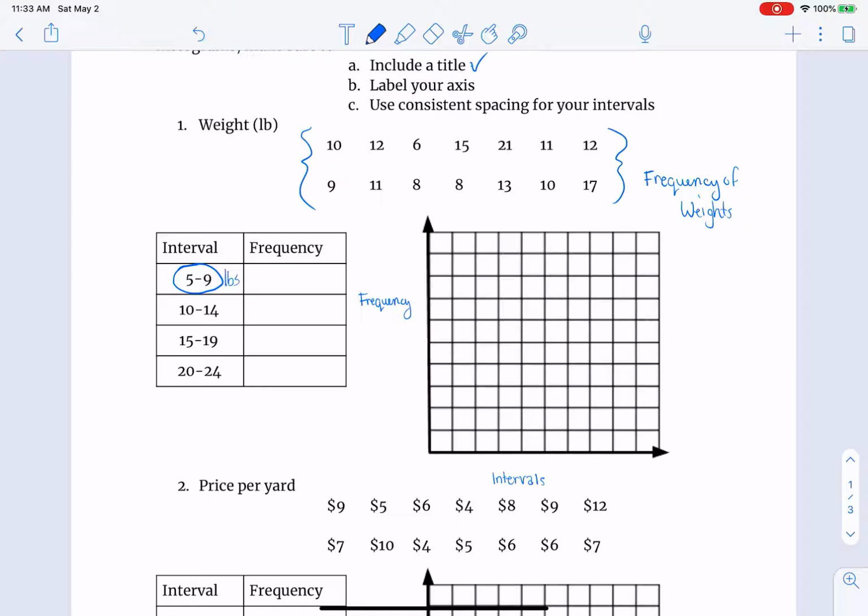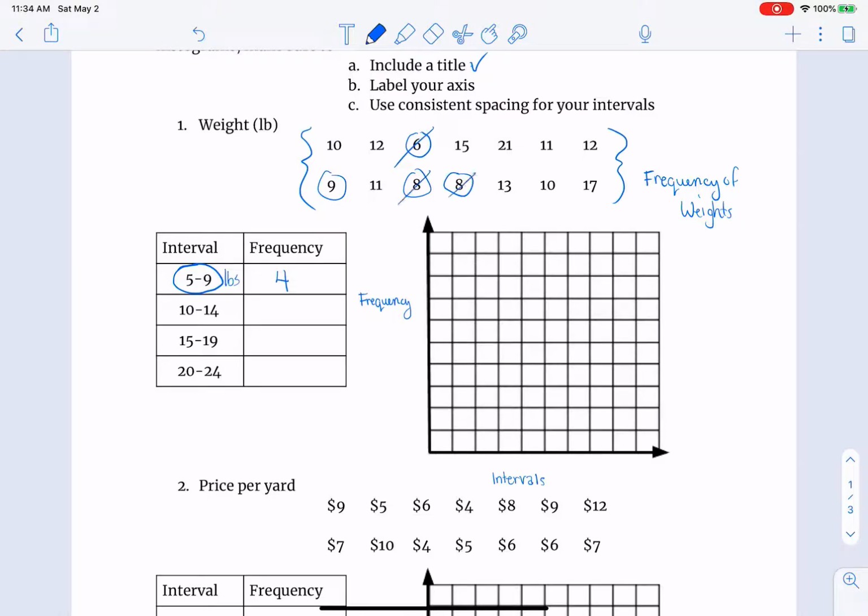So how many of these measurements are between 5 and 9 pounds, including 5 and 9? So let's see, we have 6, 9, 8, 8. These are the only weight measurements that I can see that are in that interval between 5 and 9. So that's 4. So the frequency is 4 because we see 4 measurements that fall within that interval.